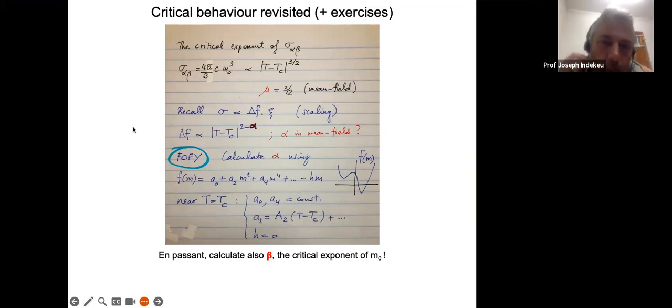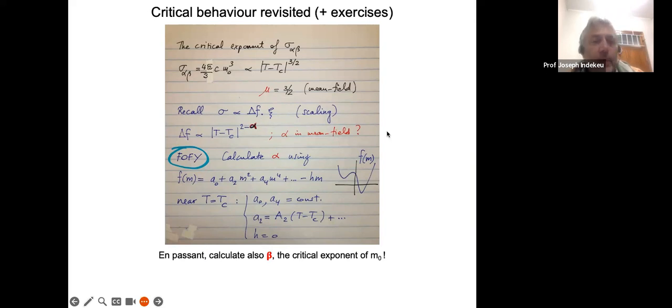So here, if we recall that the interfacial tension is composed of a contribution from the bulk free energy per unit volume times the correlation lengths, then the question is, what is this singular part of the bulk free energy density here in our mean field model? What would the exponent 2 minus alpha be in mean field?